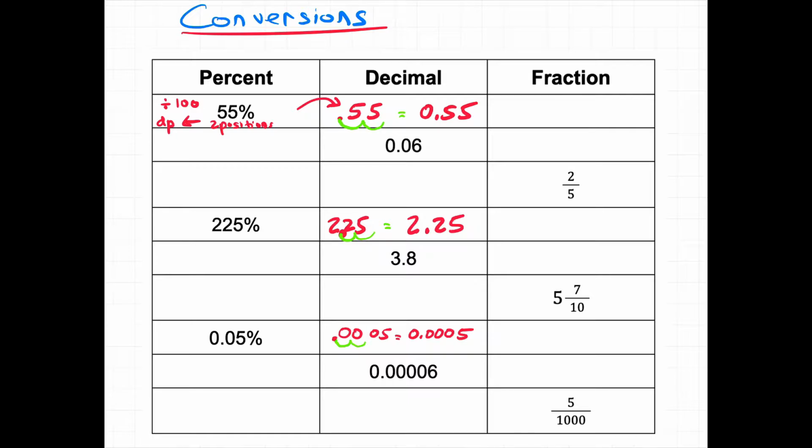Okay, now let's start dealing with decimal going to a percent. Well, when we went from percent to decimal, we divided by 100, so this time we're going to multiply by 100. We're going to do the opposite. And last time, when we're dividing, the decimal place went 2 positions left.